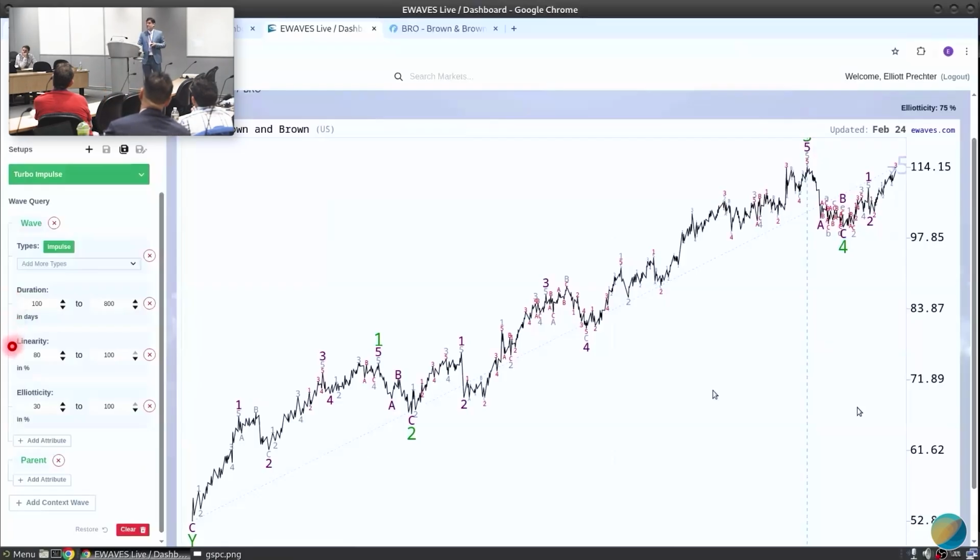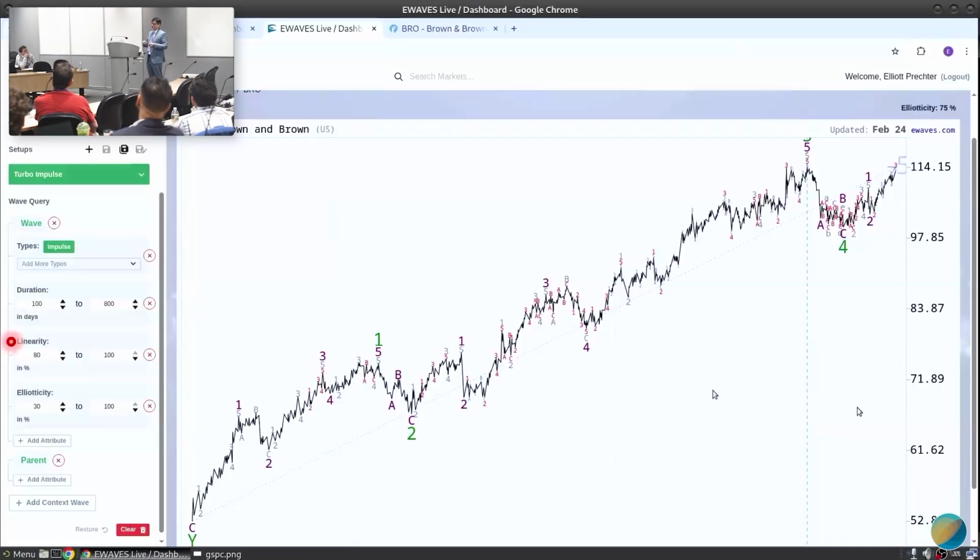Then the next thing on the list here is the linearity. Okay, so remember from the beginning of the talk, I said motive waves are highly linear. They're very line-like, whereas corrective waves are more kind of two-dimensional in the way they play out. So linearity is how the engine measures that. In this case, I set it to 80%, so I jacked it up to a really high number.